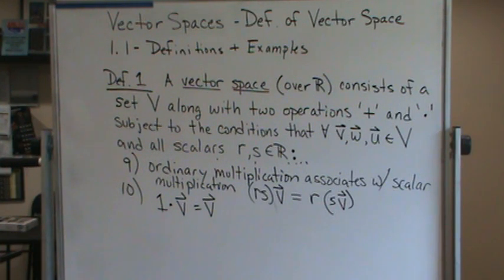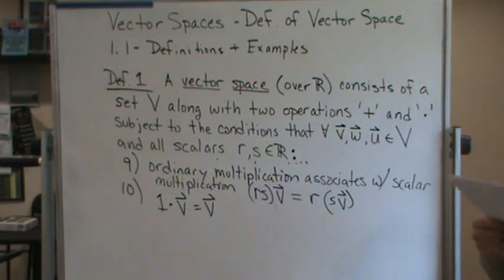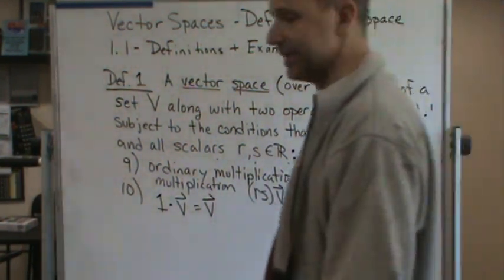Now be careful. Just a remark, there are two kinds of multiplication and addition going on here. So just be careful with that. Yeah, so the best way to understand this is to go through examples.